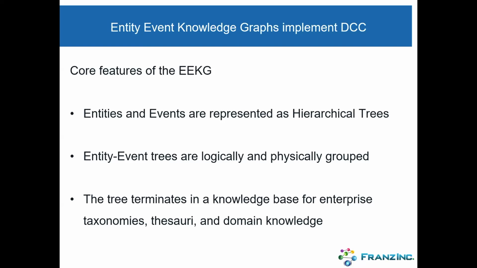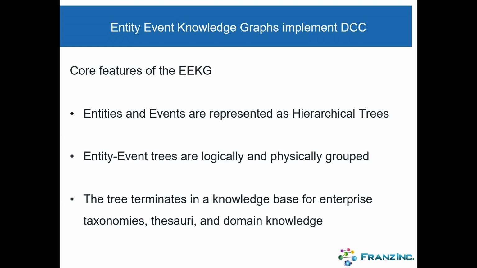So if you have almost 2 million patients, you can look at it as one huge graph, or you can look at it as 2 million individual trees. And another thing about our trees is that every tree terminates in a knowledge base.